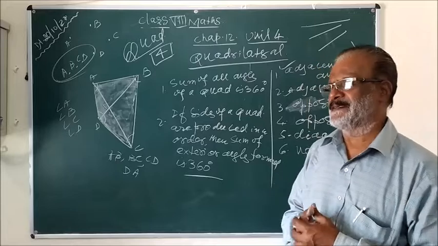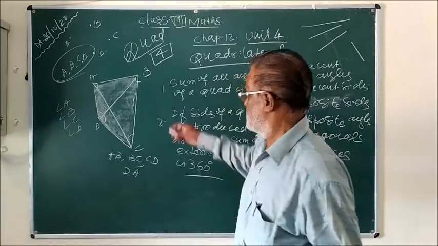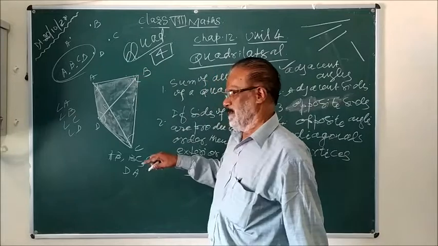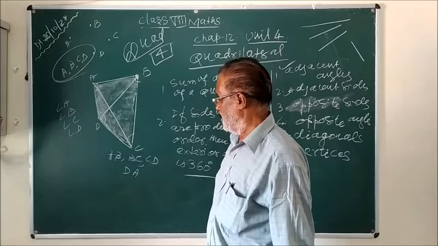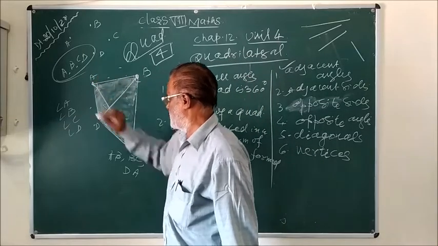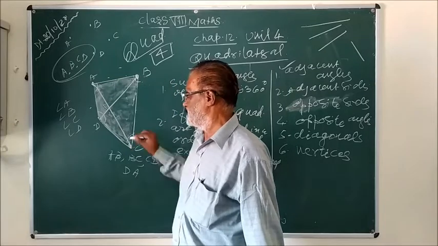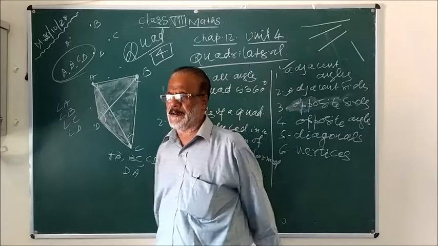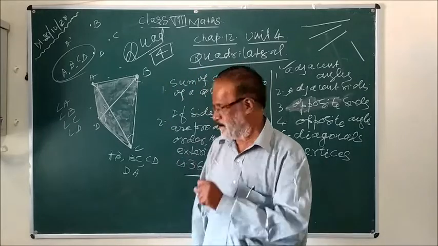If we want to understand it in Hindi, it means neighbouring. For example, AB and BC are adjacent sides because they have common endpoint B. AB and AD also have common point A, so these are adjacent. CD and CB are also adjacent. So adjacent sides means the sides which have one common endpoint.